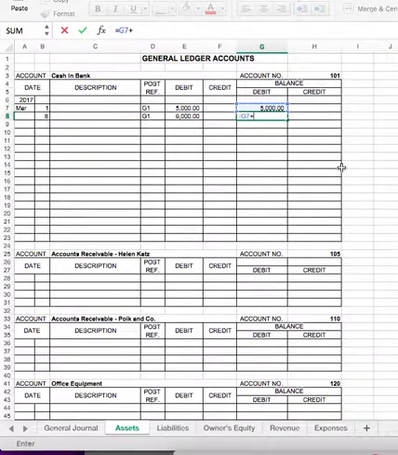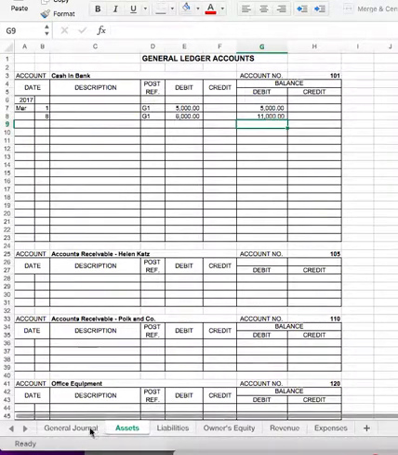And we're going to add the 6,000 and we're going to hit enter. Now again, if you don't understand formulas or you want more help, let me know and I can help you. But you just need to at least keep the running balance. We added the previous 5,000 to the 6,000 debit. So our new balance in cash and bank is 11,000. And it's account 101.